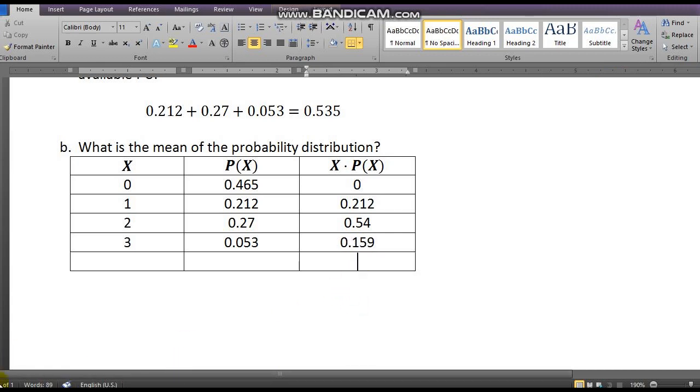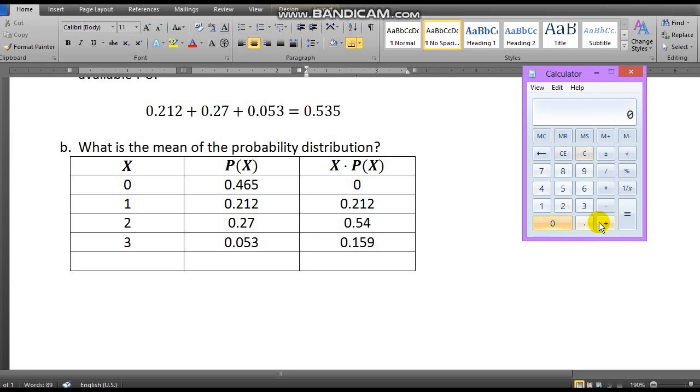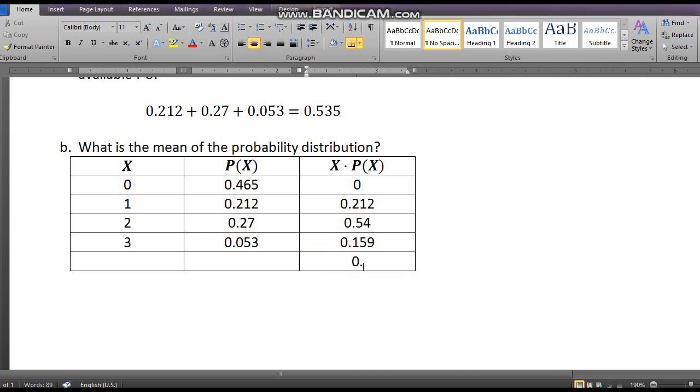Let's add them all up: 0 plus 0.212 plus 0.54 plus 0.159. The sum is 0.911. So the mean of the probability distribution is 0.911. It's more likely that when we choose a value of the random variable x, it would be somewhere around 0 and 1.